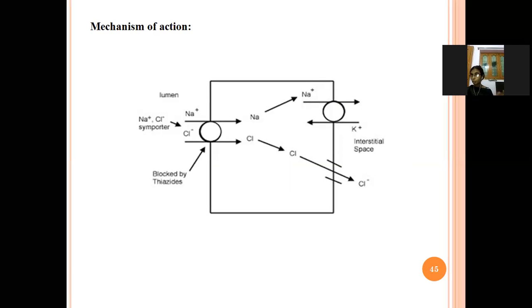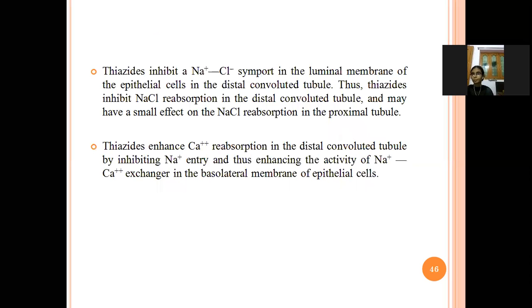If the sodium and chloride symporter functioning is inhibited, the reabsorption of chloride and sodium does not occur, and automatically they are eliminated into the various parts of the nephron. See here, it will inhibit the sodium and chloride symport in the epithelial cells in the distal convoluted tubule. So then only it can inhibit the sodium chloride reabsorption in the distal convoluted tubule.